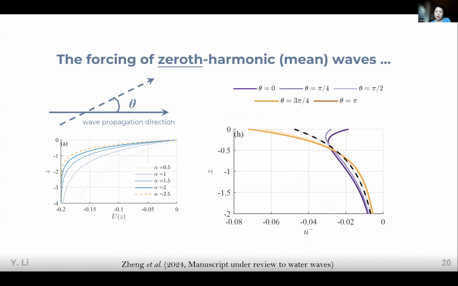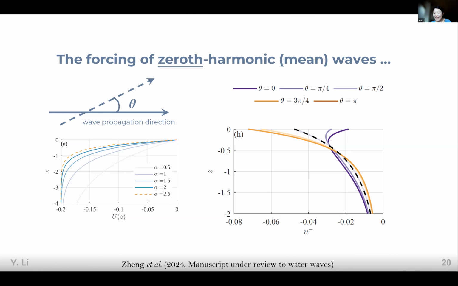Also, if we take a look at the mean component, again we are looking only at the horizontal velocity induced by the second order mean waves. Compared with the case in the absence of current, shown with the dashed black line, you can see the purple one, where the current is propagating in the same direction as the wave propagation.